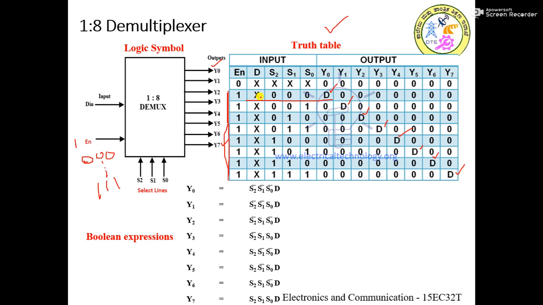Just multiply the input literals here, that is enable, S2 bar, S1 bar, S0 bar, into D. Here I have skipped the enable. You can simply write enable. This enable has to be multiplied with all the Boolean expressions.